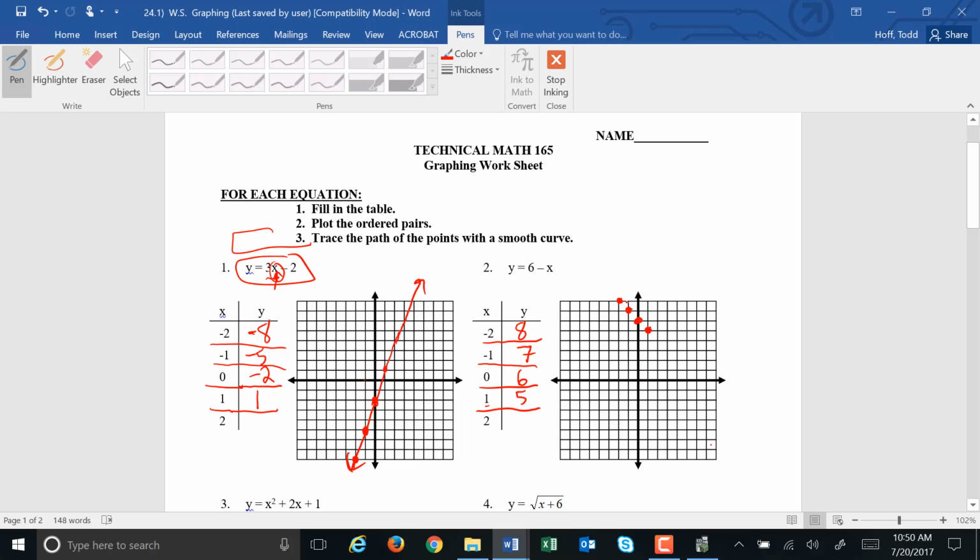Any questions on how I'm plotting these points here? Okay. How about on where I'm getting these numbers in the table, the y numbers in the table? Any questions on that? Well, whatever number I have here, I'm putting it in where the x is. So this is 6 minus x. So I'm just taking 6 minus whatever number I used for x.